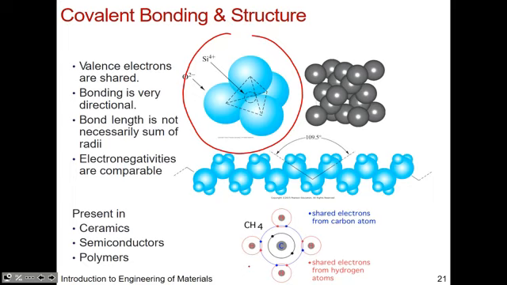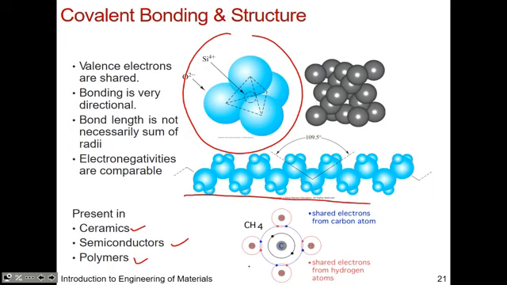The electronegativity values are comparable. They're not so different relative to that of ionic bonding. And as you see listed here again, they can be present in ceramics, semiconductors like silicon, and polymers.